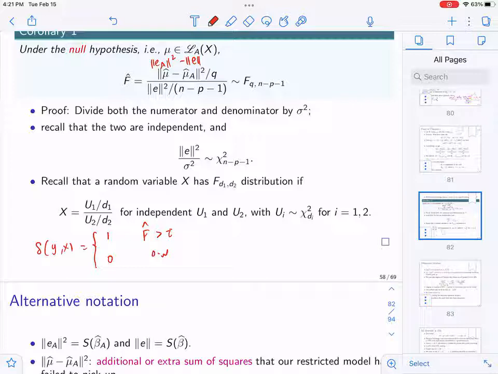And the way I'm going to determine the threshold is that, under the null, I'm going to try to set this equal to alpha. That would be the type 1 error. This is the type 1 error: probability of rejection under the null. And I can determine this tau, or you can determine the p-value similar to what we did. So everything works out, except that instead of a t statistic, now we have an f statistic.